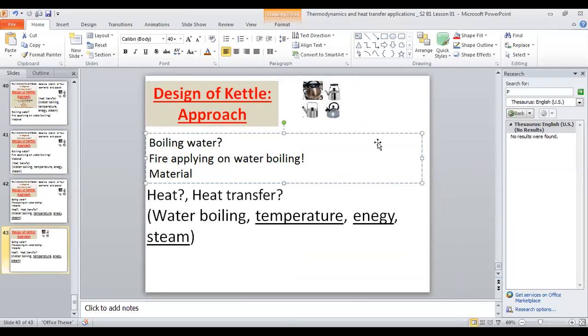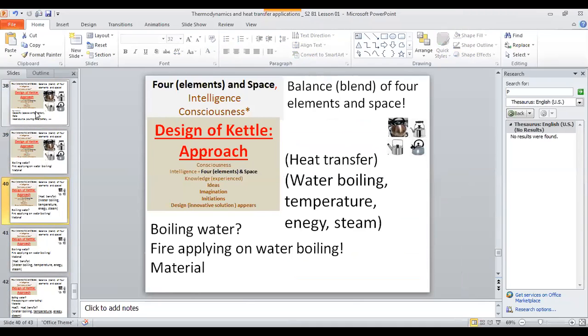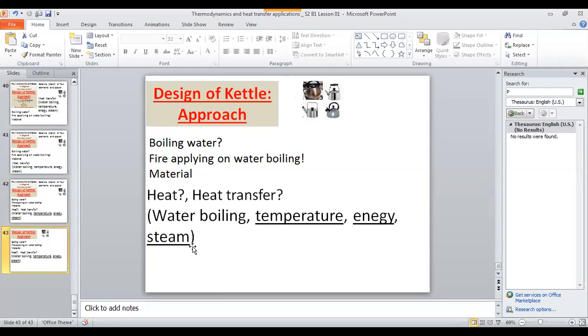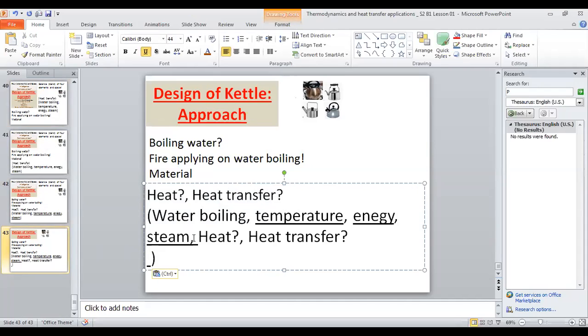Because as we follow through up to now, starting from the specifications, capacity, rate, heat source and all, in addition to that, you should know about water boiling, temperature, energy, steam, and of course heat and heat transfer.